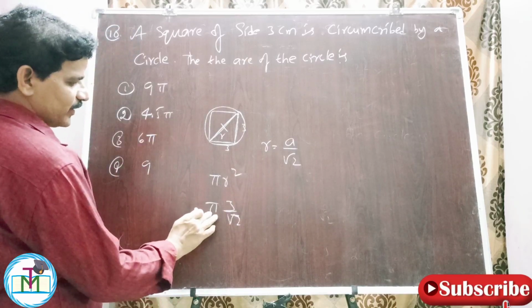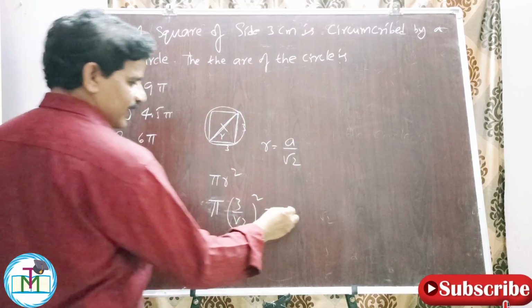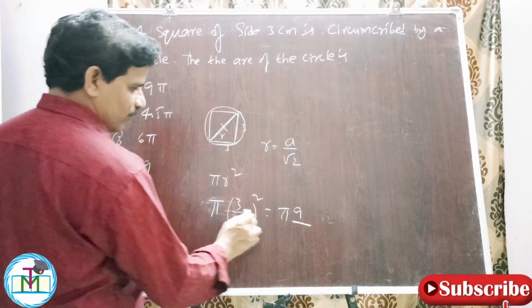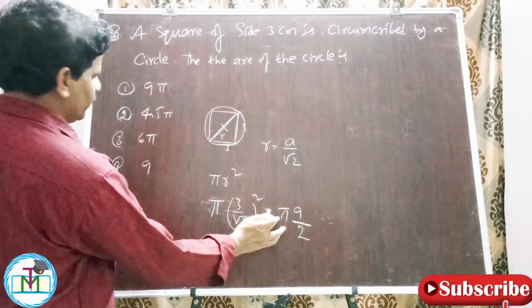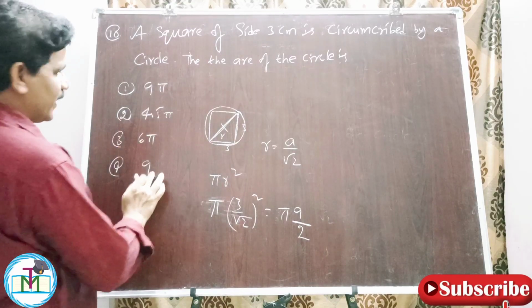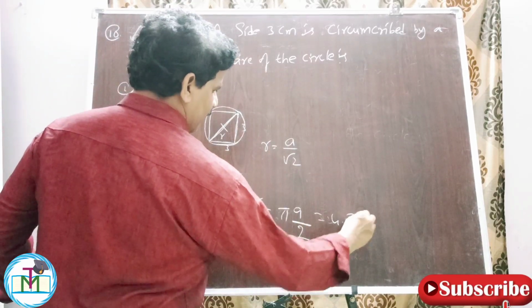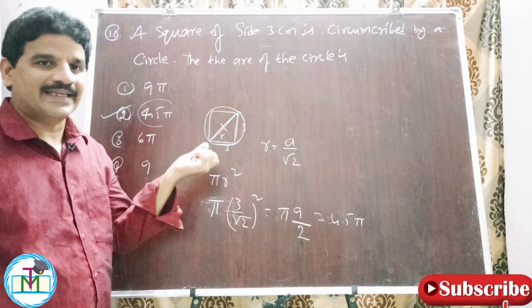Pi is 22 by 7, into 3 square, 9, root 2 whole square. Square and root are cancelled. We get 2. See all the options. Here pi into 9 by 2, which is 4.5, into pi. Option 2, 4.5 pi, is the right option.